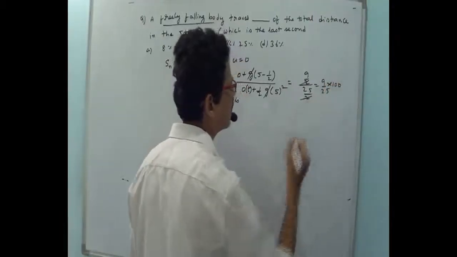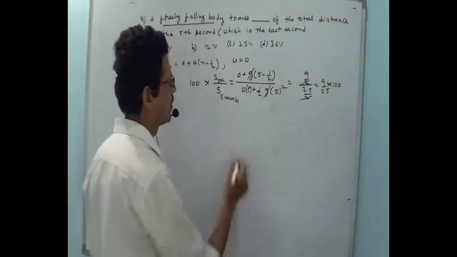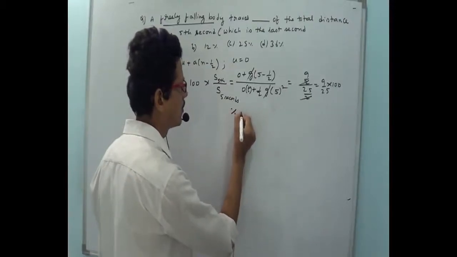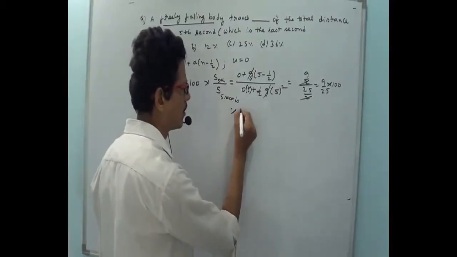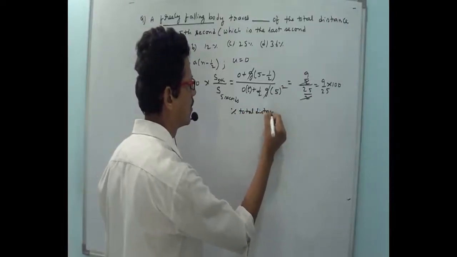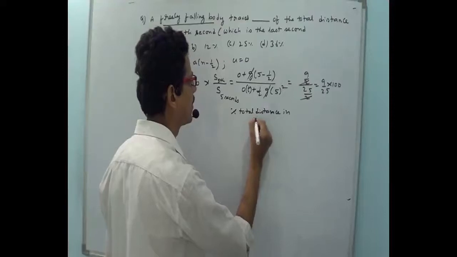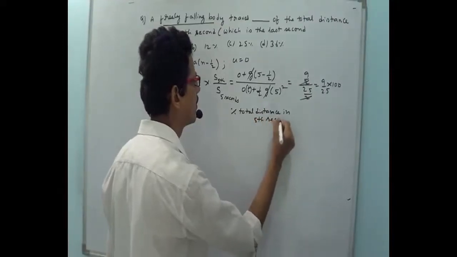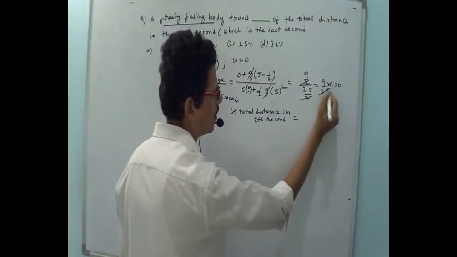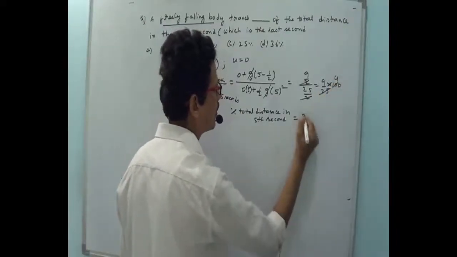And that is the percentage of total distance in the fifth second. Total distance in fifth second is 36%.